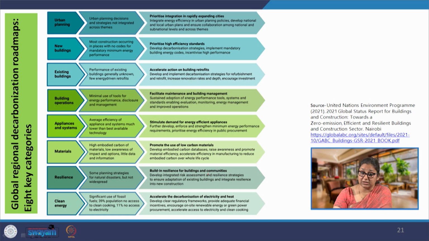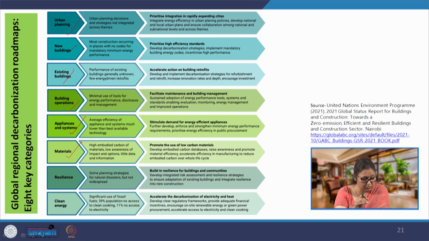It will be determined by urban planning, and by the materials that we choose. So, the manufacturing and material development sector will also be dependent upon the appliances and systems that we are using. So, we need to focus on each one of these: new buildings, existing buildings, building operations, how the buildings are going to be operated, and what appliances and systems are going to go into the buildings.